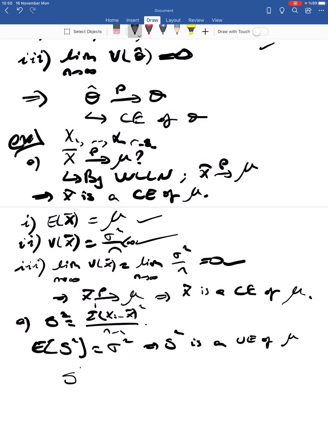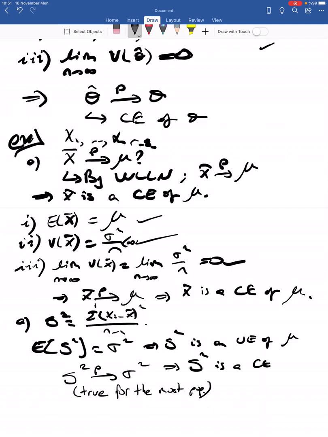And for many distributions, we have to know the specific distribution to show that, but this is true for most populations. So s square is also a consistent estimator of sigma square, not mu. Okay, sigma square.